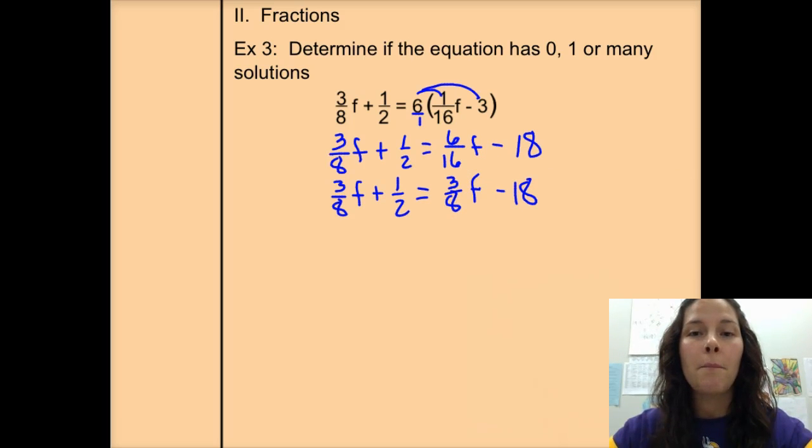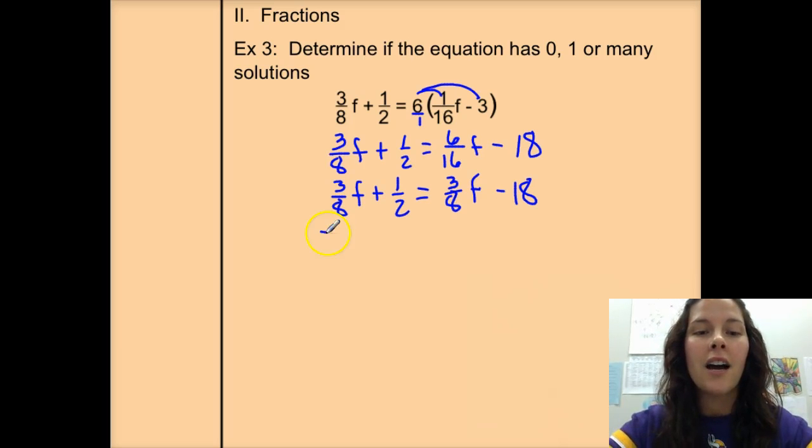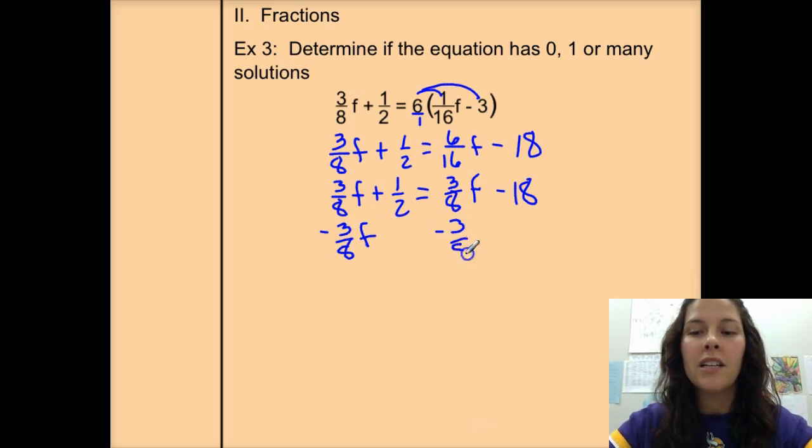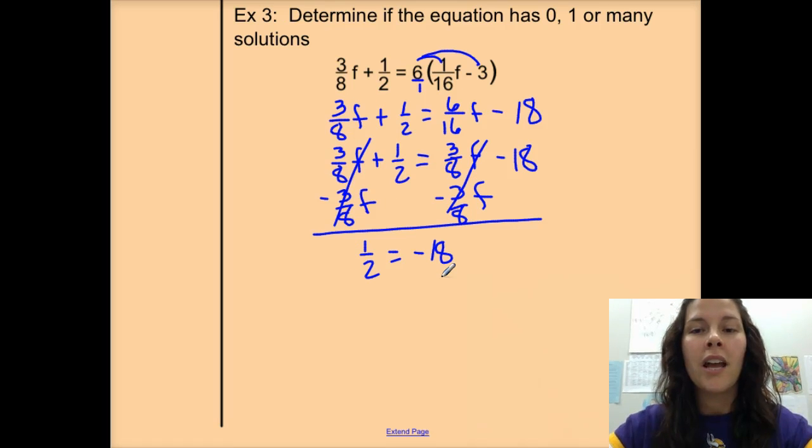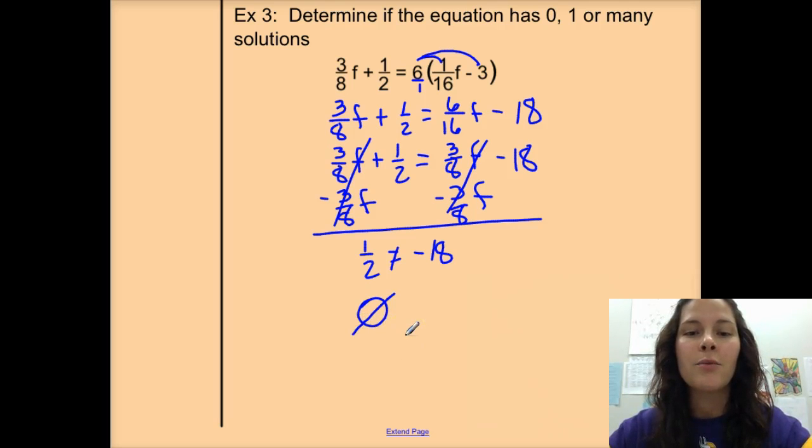Next, what I notice is that both of my f's have the same exact coefficient, so instead of canceling the fractions, I am going to subtract the 3/8 f from both sides because I know that those will cancel out. So on the left-hand side, I'm left with 1/2. And on the right-hand side, after my f's cancel, I'm left with a -18. 1/2 does not equal -18, so I have 0 solutions. Another way to represent 0 solutions is with this symbol, a 0 with a line through it.